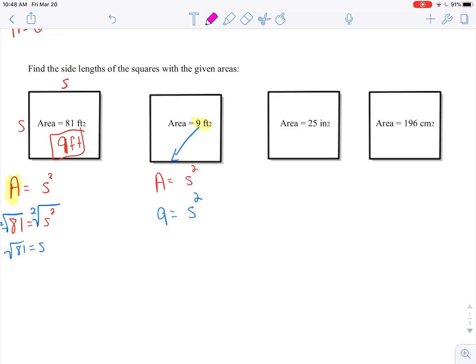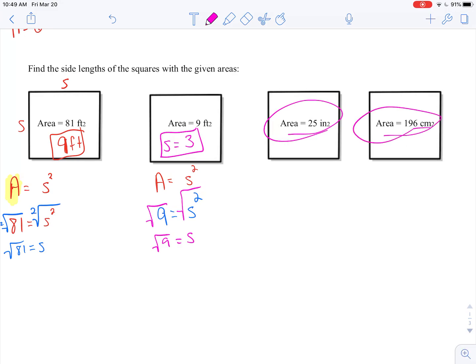So 9 equals side squared. And what's the opposite again? What's the opposite of squaring a number? Well, that would just be square rooting. So finding the square root of 9, or the square root of whatever the area value is. So that side length is going to be, the square root of 9 is going to be 3. So the side is 3.